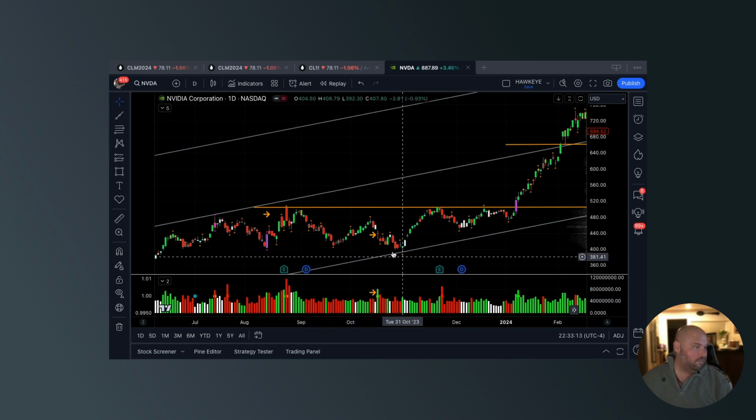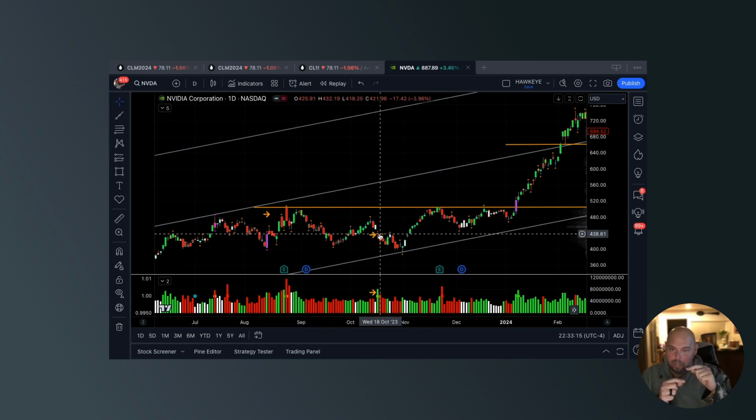No. In fact, it opened and closed at the same price on that very specific day, which was Tuesday, October 17th of 2023. Well, if all that buying came in and the candle didn't advance, never mind make a new high, what do you think's going to happen? That's right. The market's going to fall back from there.